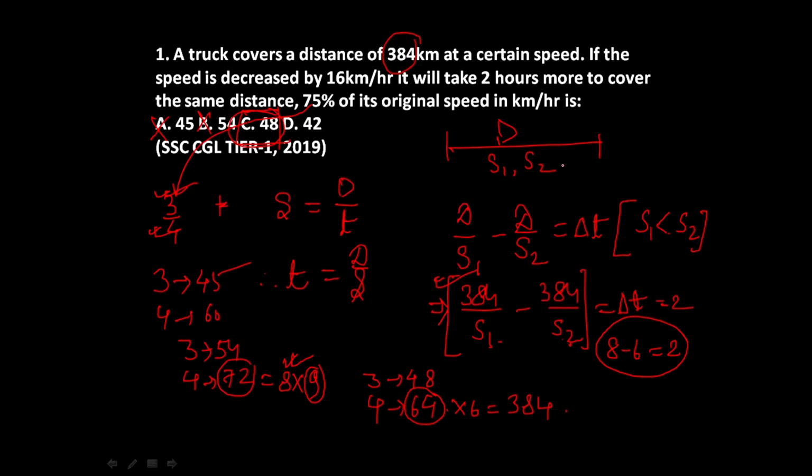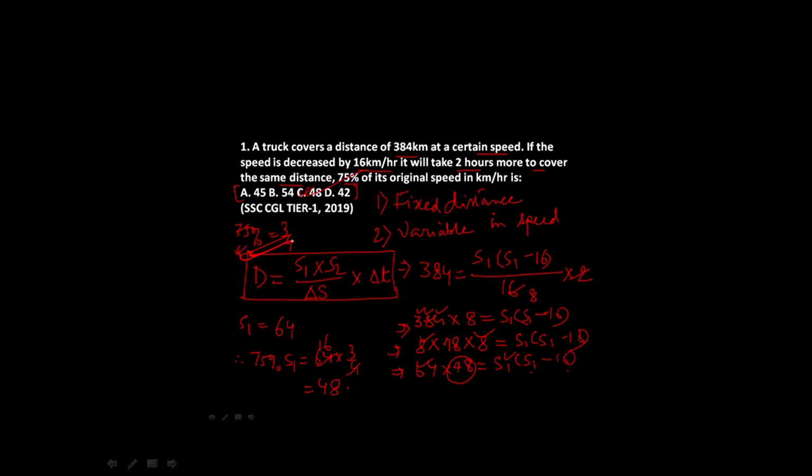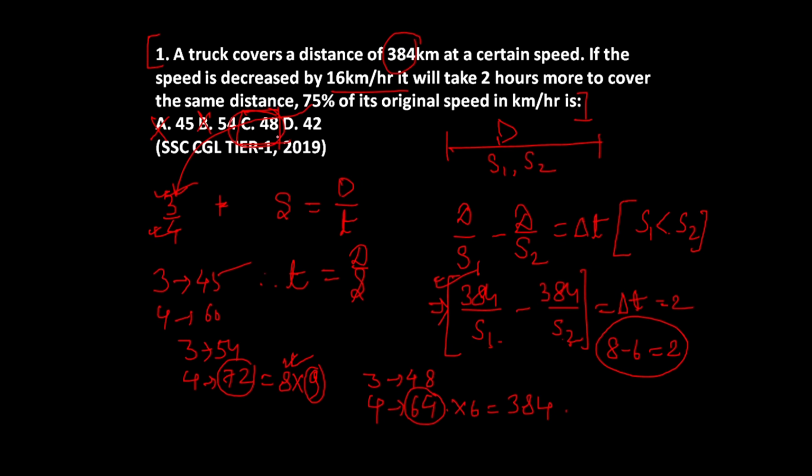If you have any queries regarding this question, you can ask. And I am uploading only this question now because it is an important question. It is asked almost every year in SSC with 2 different speeds. Okay, and you have to use either this method or this formula. This is also an easier method, but I think this option testing method is less time taking.